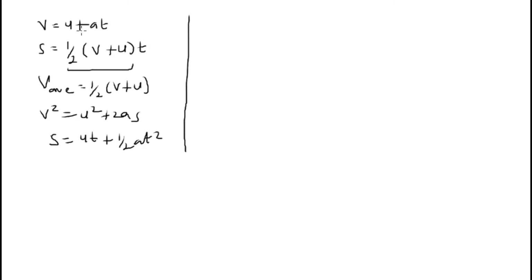In circular motion, instead of having v, which is supposed to be the final velocity, we'll have omega, which is the angular speed, or angular frequency. So as the final, I'll have it as omega 2 equal to the initial angular speed, that's supposed to be omega 1 plus alpha, which is the angular acceleration, times t.